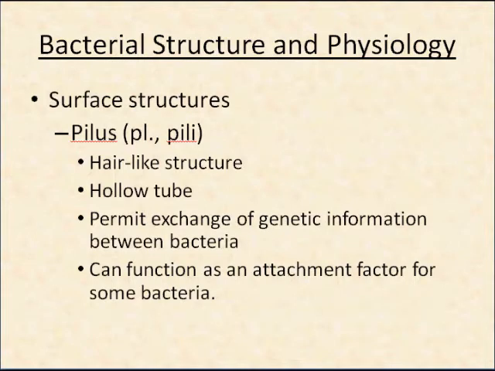Other surface structures that exist on bacteria include a pilus, or pili, and these are like hairs. So, pili means hair. It is a hollow tube. And one thing that pili can do is allow exchange of genetic information between one bacteria and another.